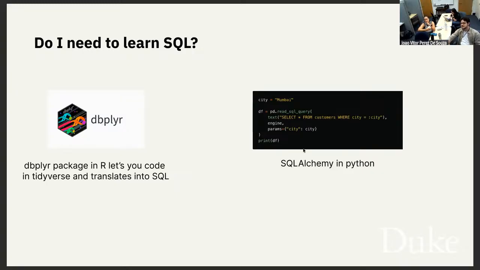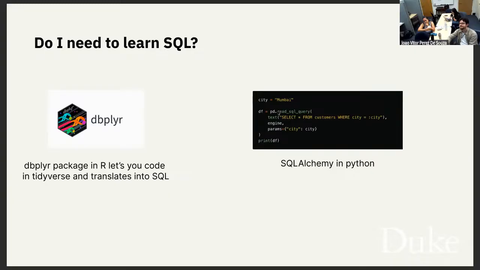And there is also SQLAlchemy in Python that does the same if you're using Pandas, which is a famous package for data analysis. And the other really cool thing is that AI LLMs are really good at translating these languages.